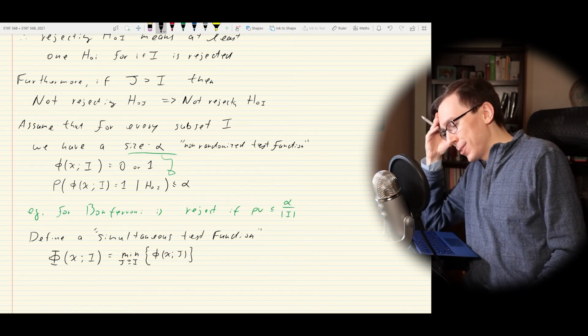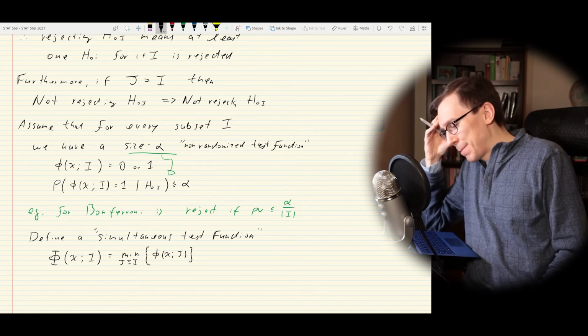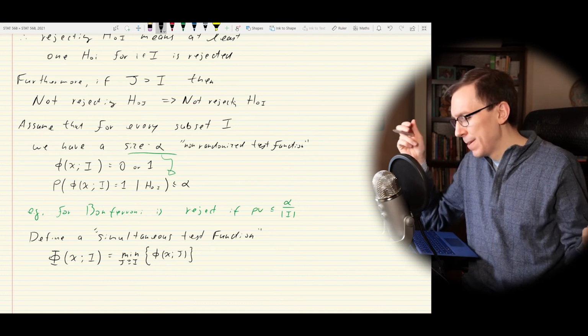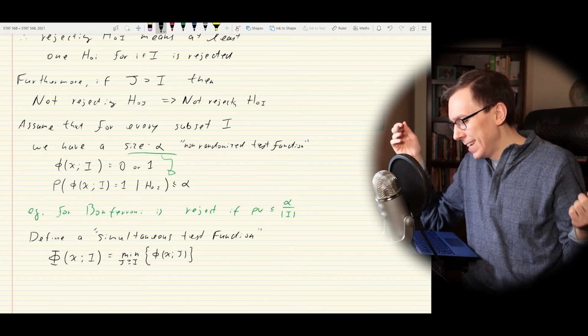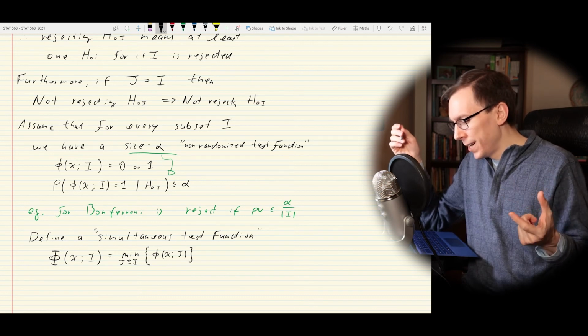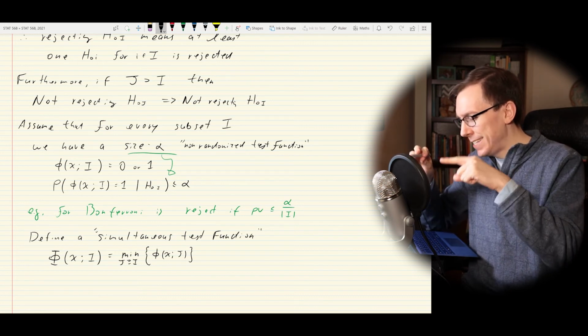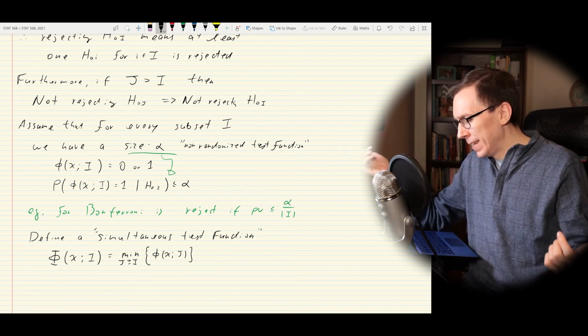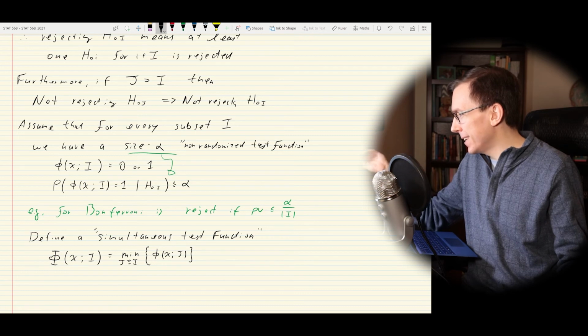Okay, so what in the world does that mean? Well, remember, the simultaneous test function is still just going to be a 0 or a 1. And what it's saying is take the smallest value of 0 or 1 over all possible sets J that contain I. So what does that mean?